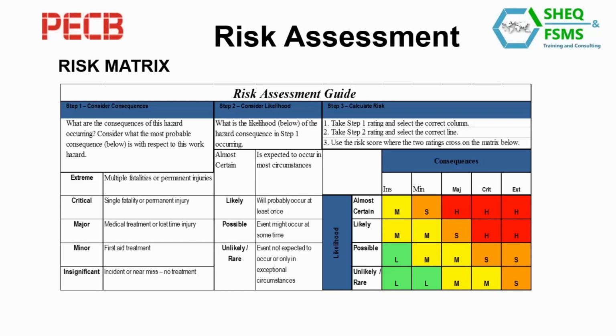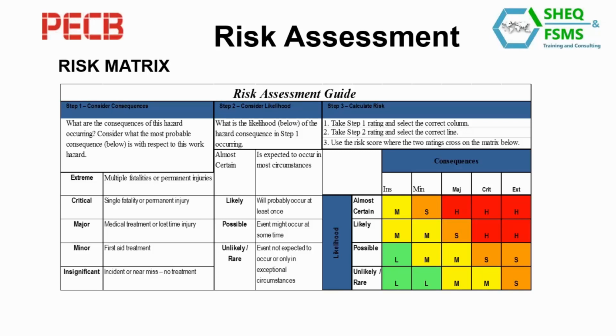Step 3, you calculate the risk. Take step 1 rating and select the correct column. And take step 2 rating and select the correct line. And number 3, use the risk score where the 2 ratings cross on the matrix below.